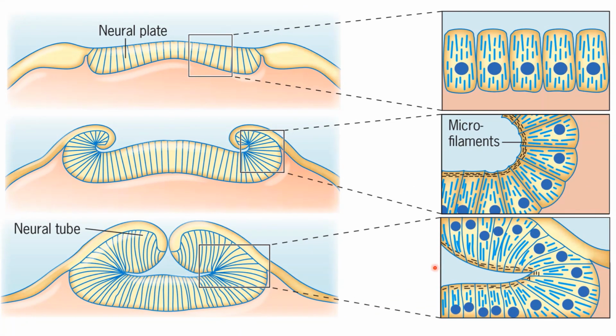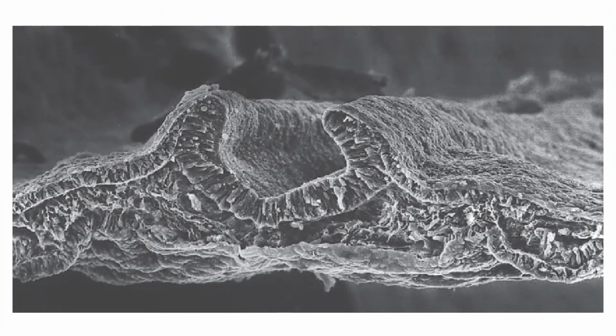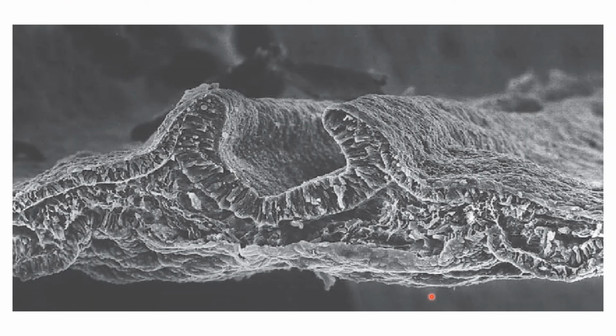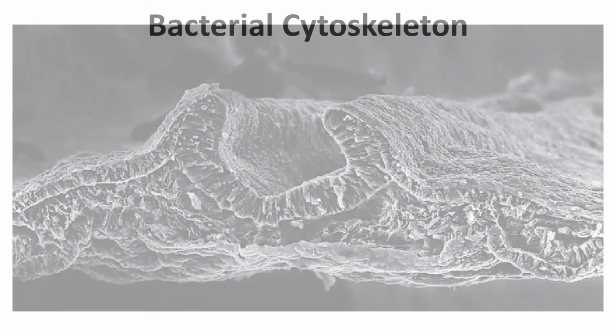And also here. So this is just a picture of that neural groove that's forming in an embryo. The elongation of the cells is brought about by microtubules, but the changes in shape of the cell, when they become wedge-shaped, is due to actin filaments.